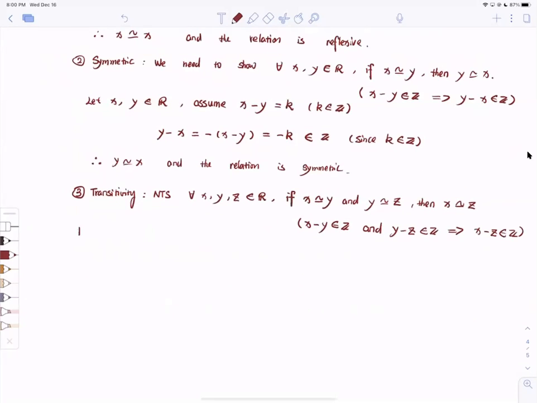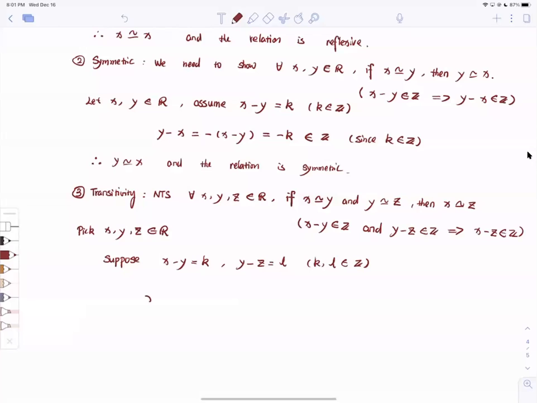Now let's pick x, y, z real numbers, and suppose x minus y equals k, y minus z equals l, where k and l are integers. Now I need to show x minus z is also an integer.